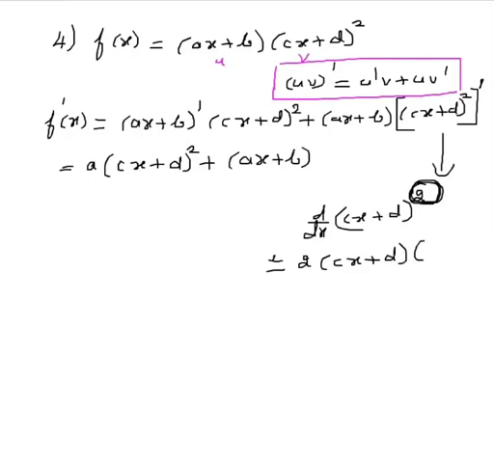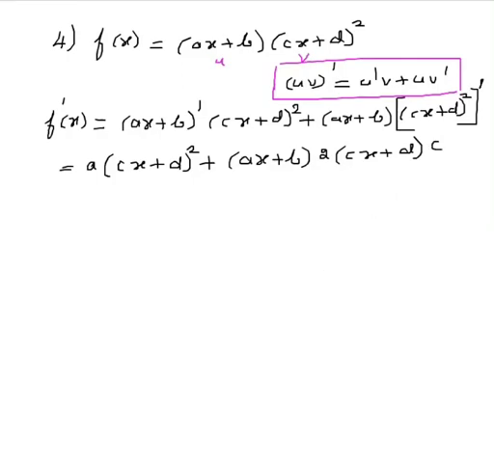First differentiate the power using n into x power n minus 1 formula. Now differentiate the base. Differential of cx is c and differential of d is 0. So c plus 0 is c. Let us write this term here. 2 times cx plus d whole raised to 1 into c plus 0 is c.